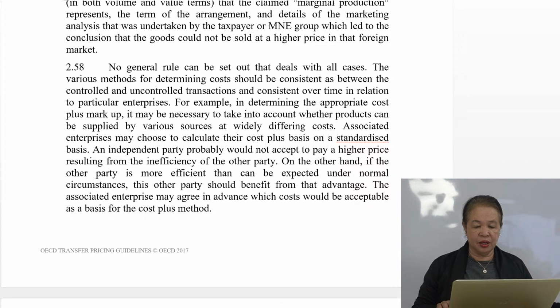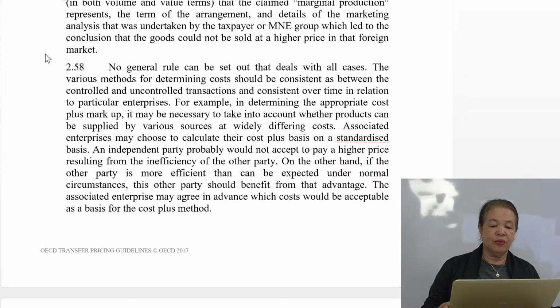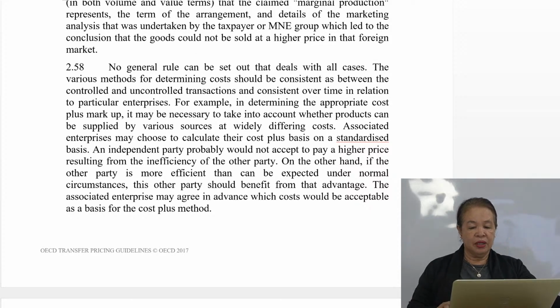The associated enterprises may agree in advance which cost would be acceptable as a basis for the cost plus method. No? So it is important, no, which cost would be acceptable. At anong klaseng cost siya? Direct cost. Why? Because we want to compute the gross profit.